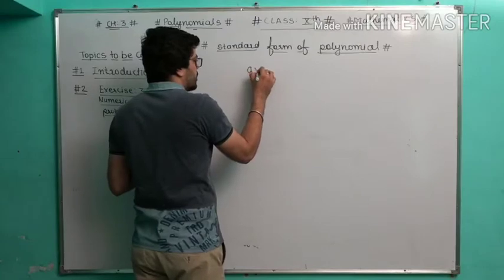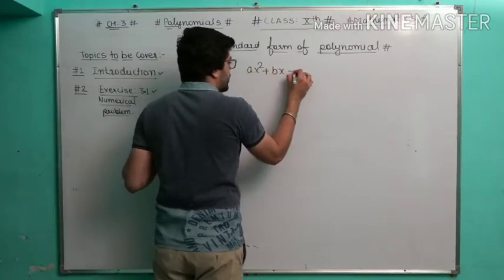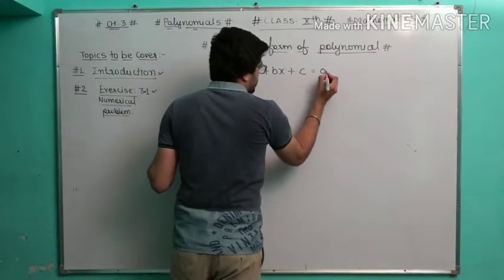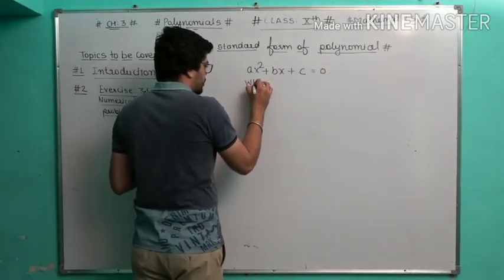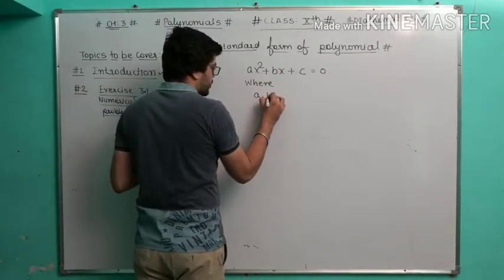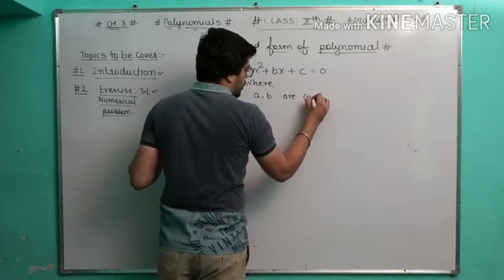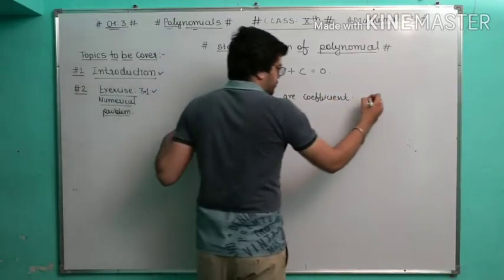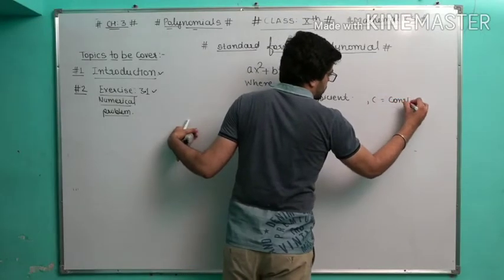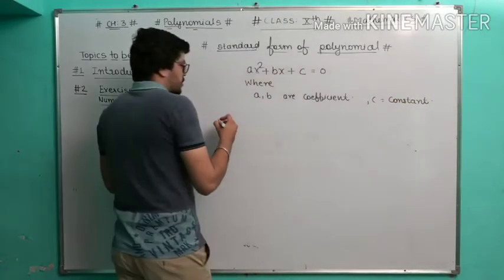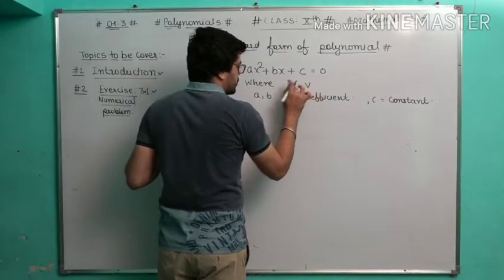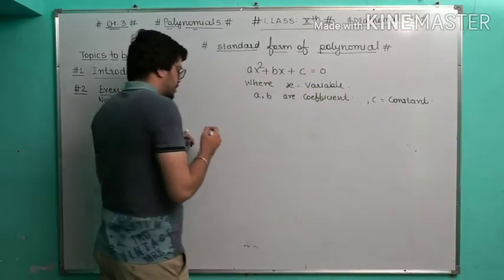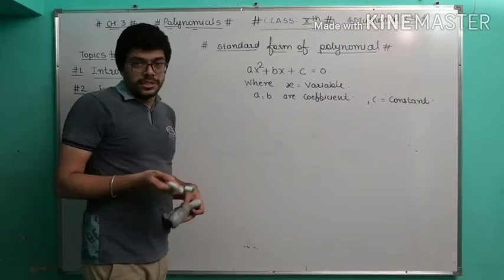The standard form of polynomial is ax square plus bx plus c equals 0, where a, b are coefficients and c is a constant and x is the variable. X is the variable.